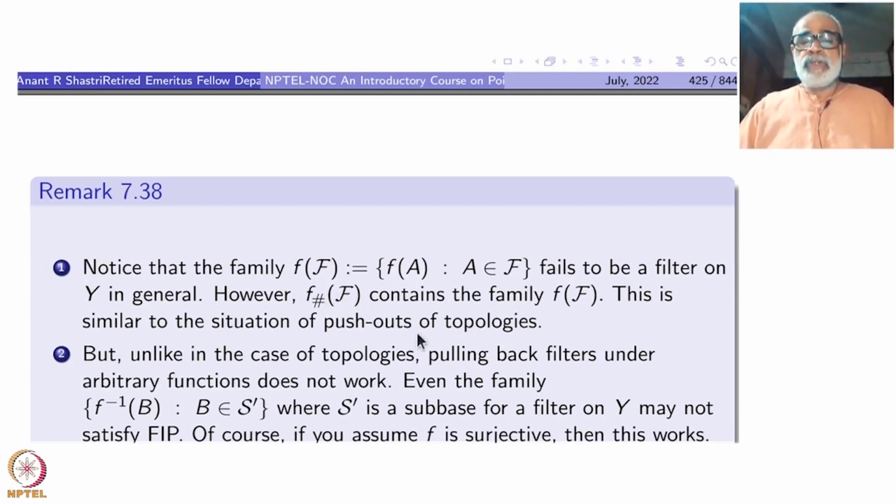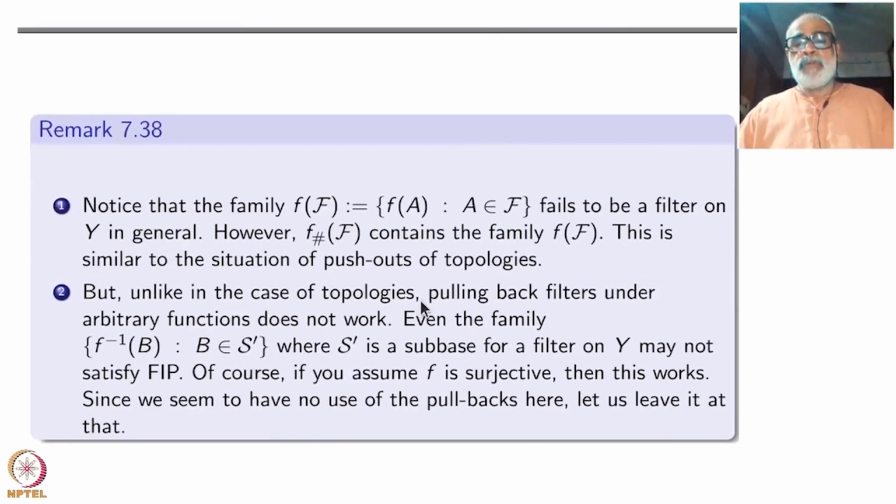This is similar to the situation of push-outs in topology. Same thing we have done for topologies also. If you take open subsets of X and then take their images, that may fail to become a topology. But unlike in the case of topologies, pulling back filters, going the other way, where it was nice in the case of topologies, pulling back filters under arbitrary functions does not work here.